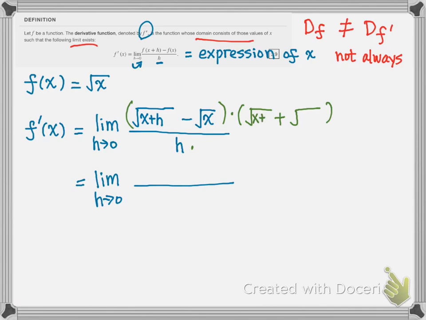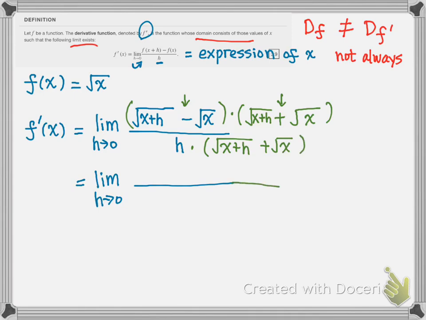So x plus h and x. Do not change the first square root to square root of x minus h. The only change is the sign connecting the two terms. Okay? So multiply by square root of x plus h plus square root of x.